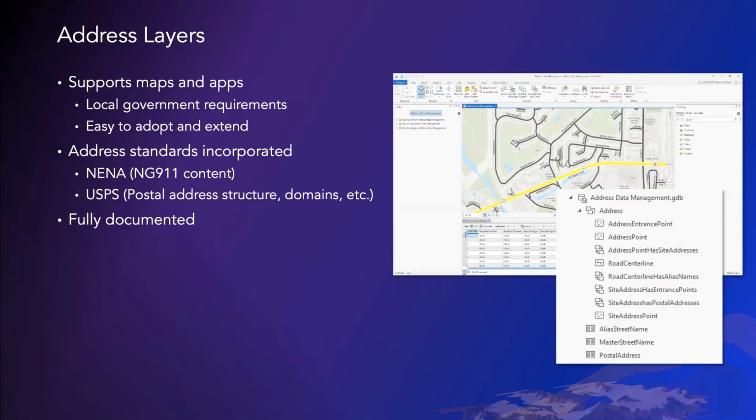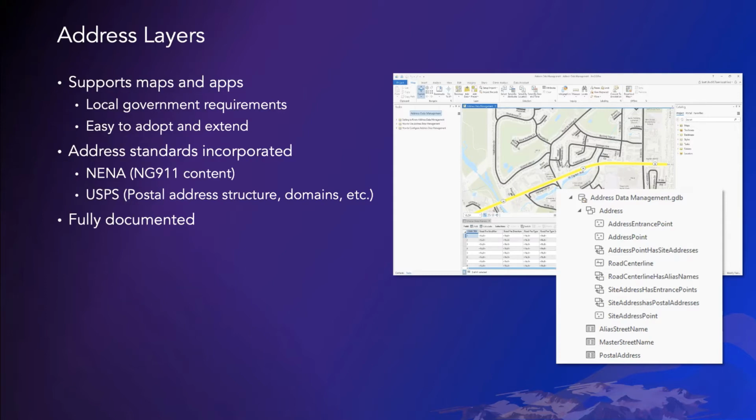And so what you're going to see when you deploy the solution is you actually get a strongly typed set of layers that help you do that in ArcGIS. And our goal, many times people ask us, are the layers in the address solution NG911 compliant? And they'll use that term.